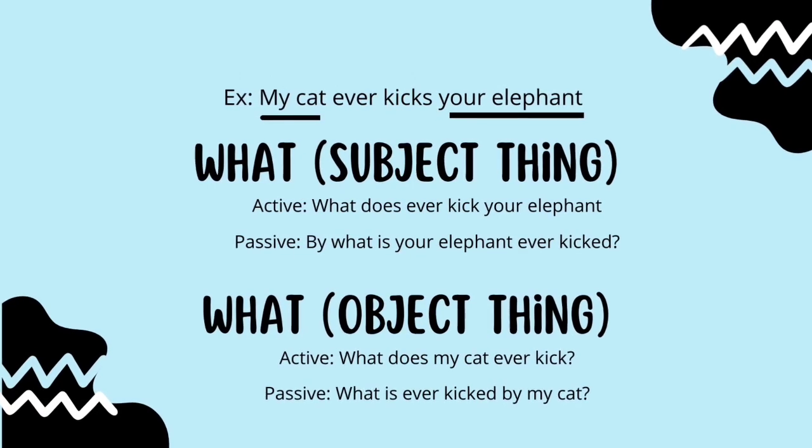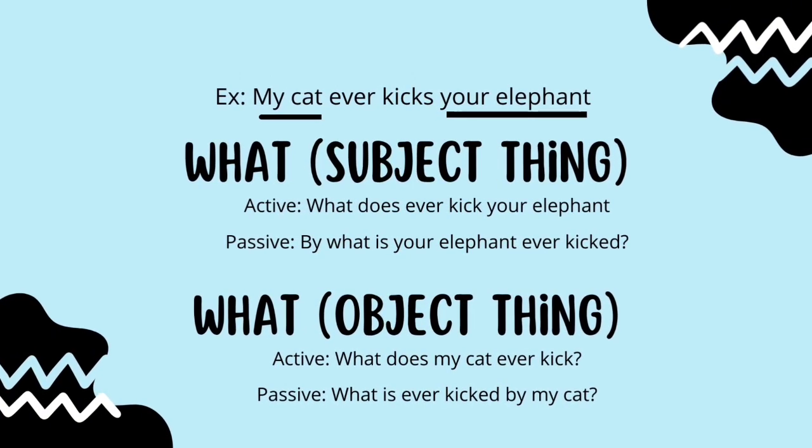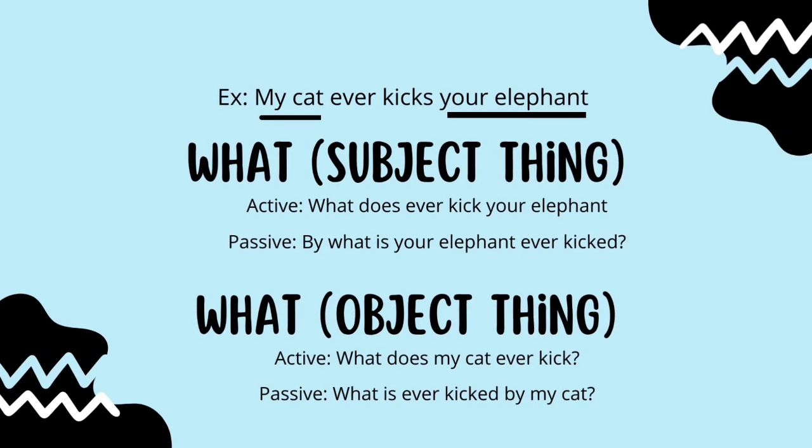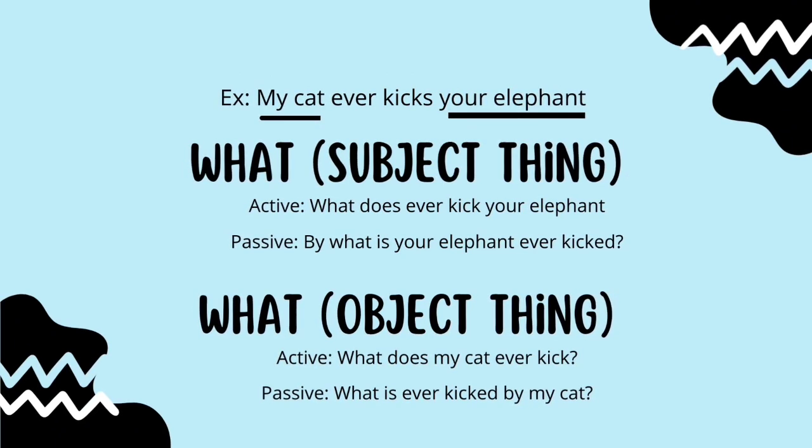Actually, there are 3 kinds of how to use what in what-how questions. First is what used for asking predicate, the second one is used for asking subject thing, and the third one is used for asking object thing.